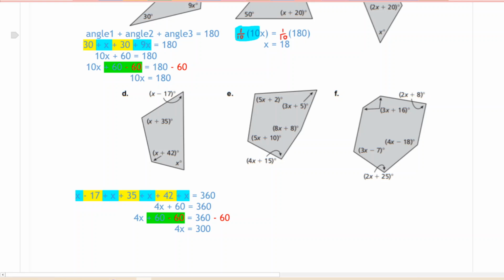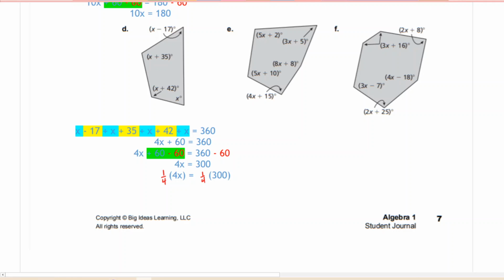And now I got to do something about that 4. And the thing to do there is interpret that as 4 times x equals 300. And the inverse operation of multiplying is dividing. So we need to divide by 4.